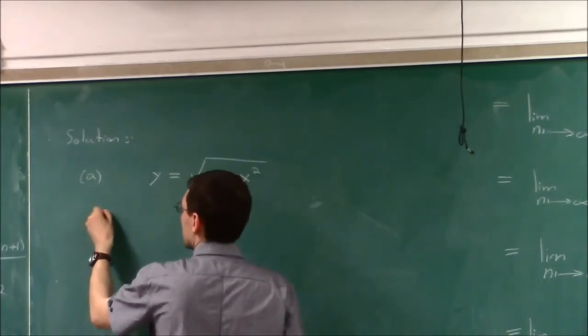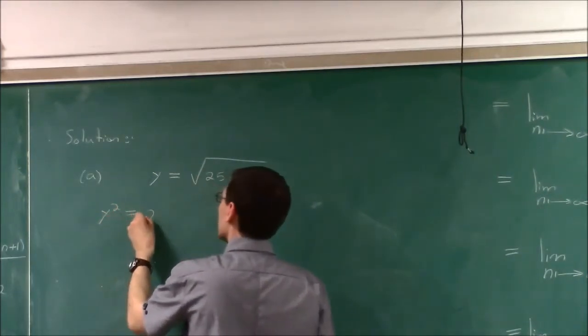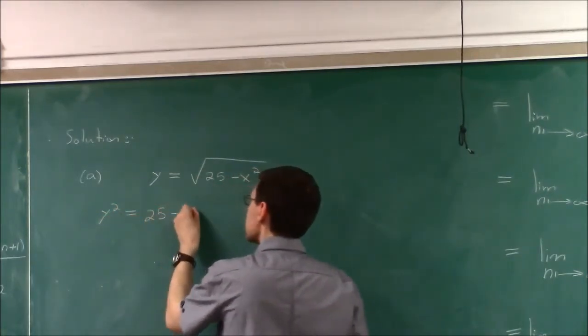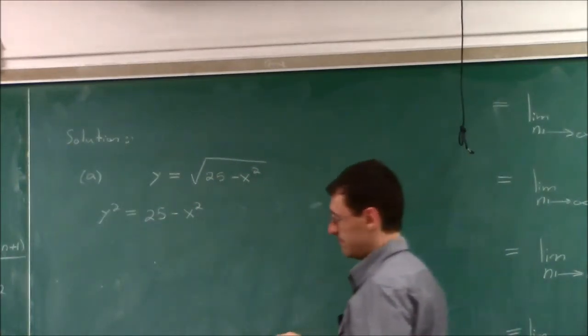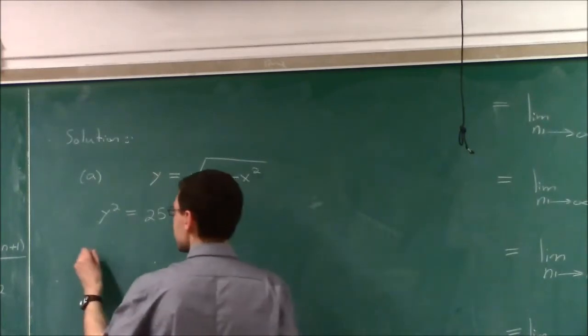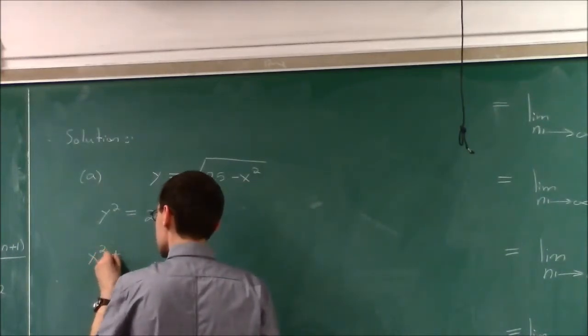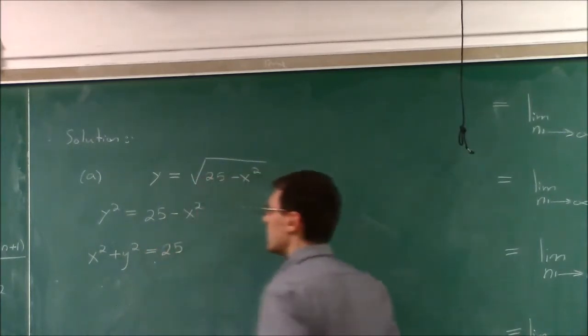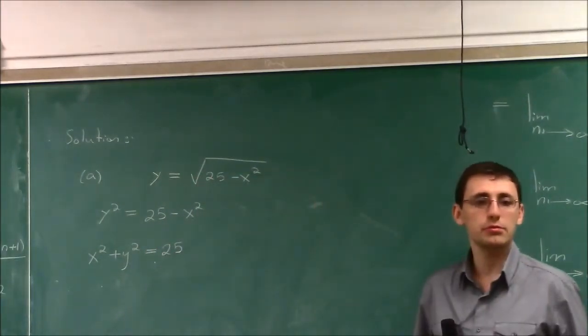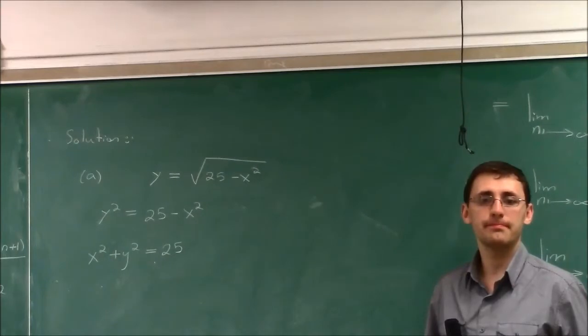That's the same as y squared equal to 25 minus x squared. So that means x squared plus y squared equals 25. What's the shape?